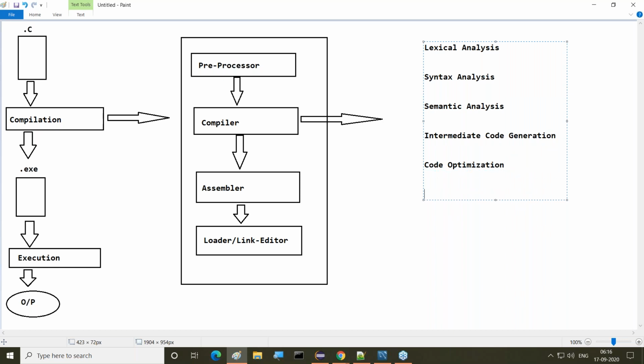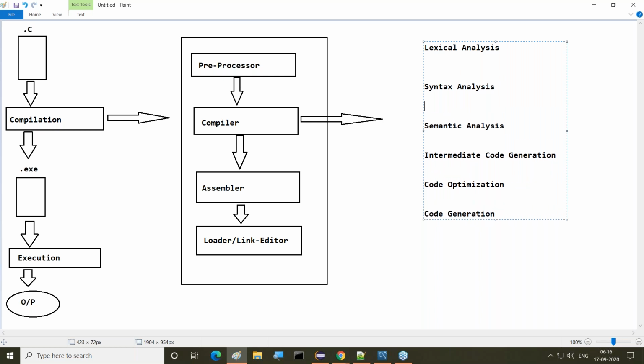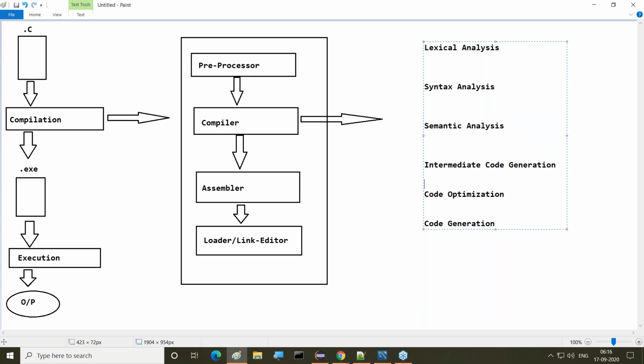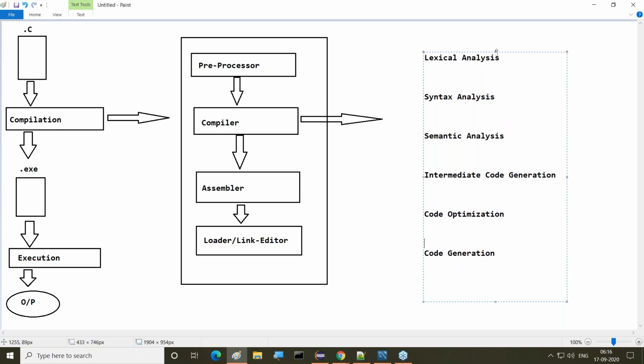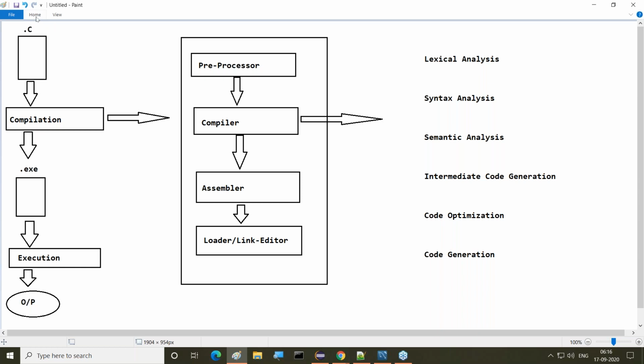Code optimization. Code generation. Like this. These many phases are available if you open the compiler.